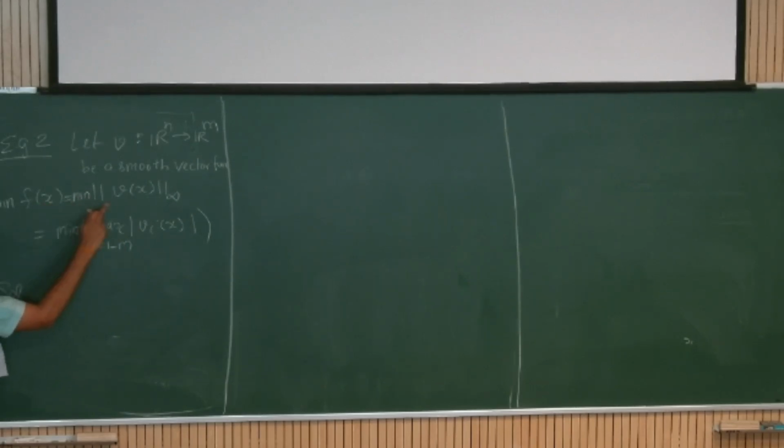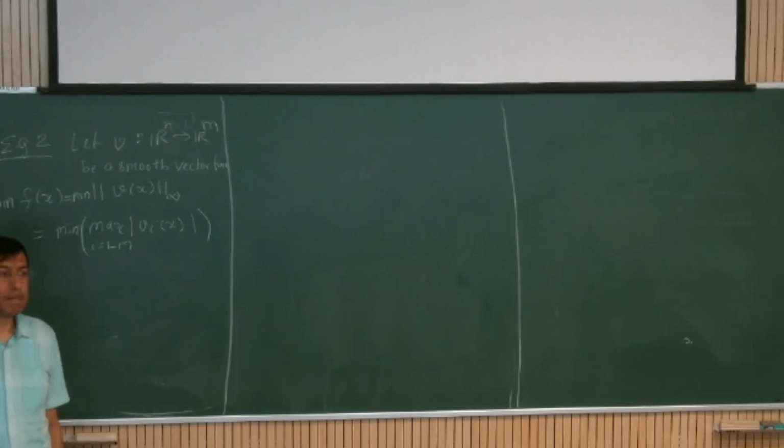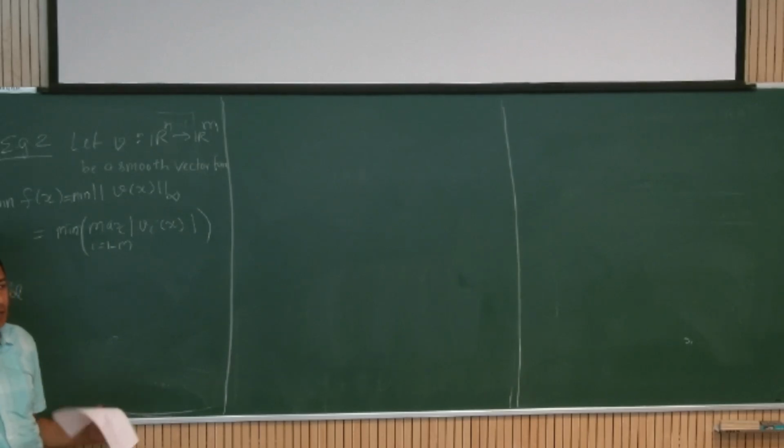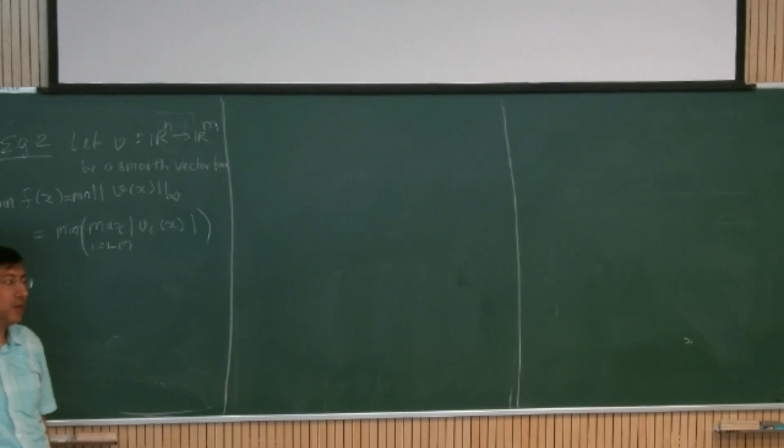f of x, which is the infinite norm of V, which means the maximum of the absolute value of the components of V, is not smooth. How did we prove that it is not smooth? What is a smooth function? See, all the derivatives are nice and continuous, up to infinity, wherever the derivative exists.